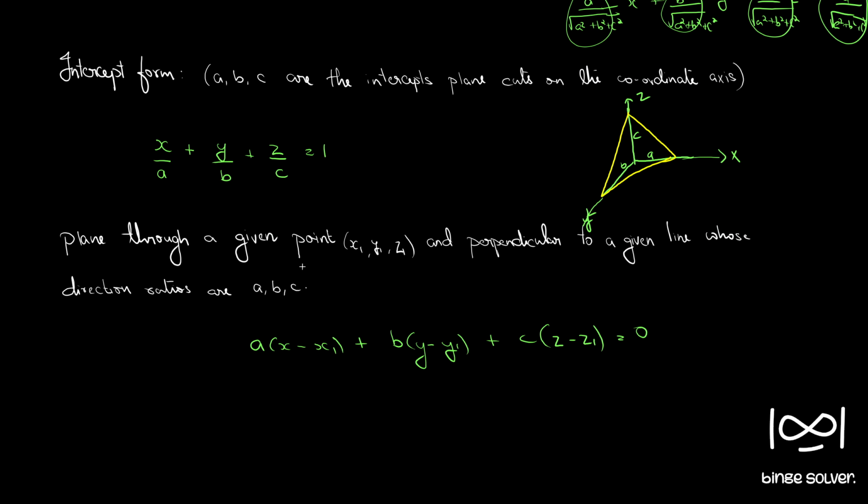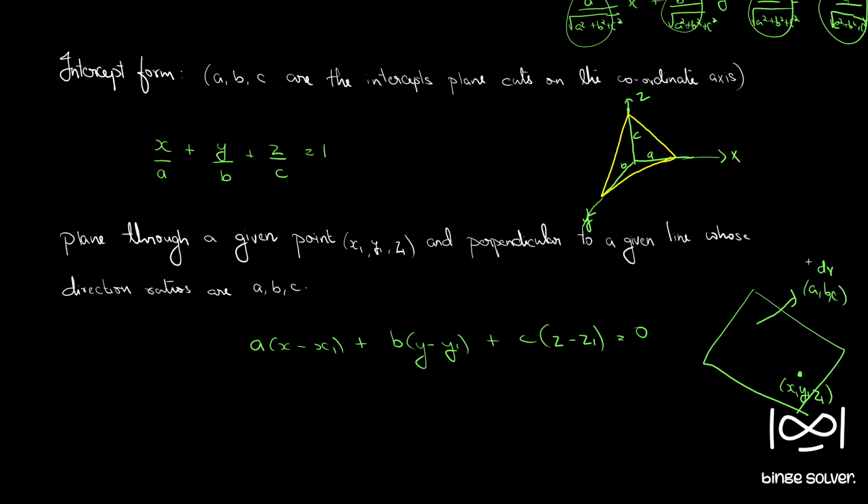Plane through a given point x1, y1, z1 and perpendicular to a given line whose direction ratios are a, b, c is another form. So we have a plane and we are given a point x1, y1, z1, and we are given that the direction ratios of the normal are a, b, c.